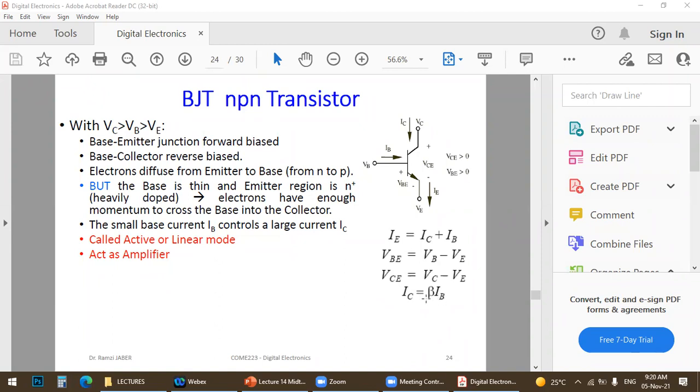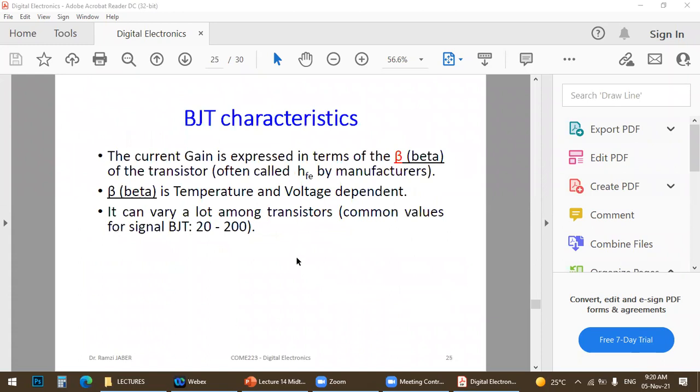Beta is a characteristic of the transistor, called current gain, also called hFE by manufacturers. Beta depends on temperature and voltage. Usually the value of beta is between 20 and 200, but the average is around 100.